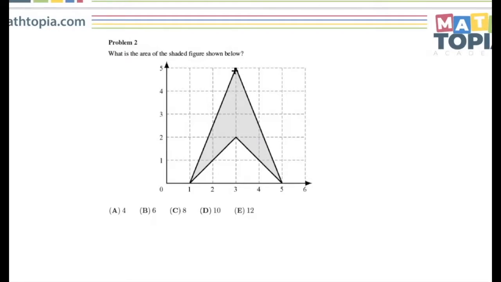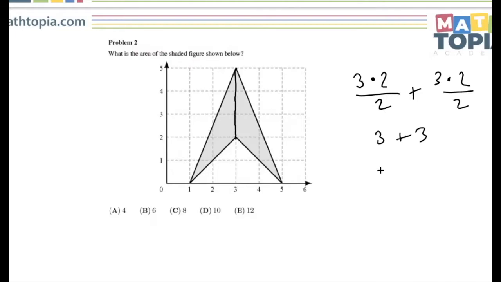One way to do so is to draw this line. If we draw that segment, it'll divide it into this triangle, and they both have a base of 3 and a height of 2. So the area would be 3 times 2 over 2 plus 3 times 2 over 2. So 3 plus 3, which is 6.